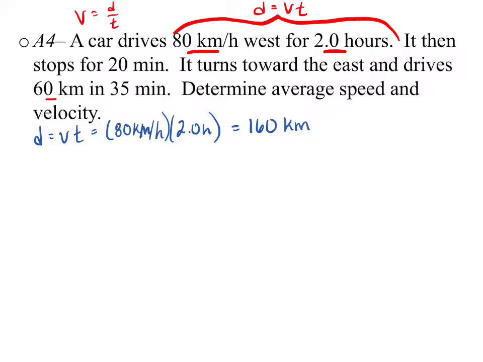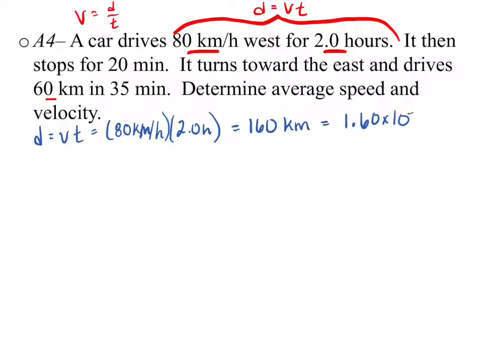And just because I am a bit of a stickler, we do want meters per second as much as possible. So I'm going to convert this to meters. I'm going to start converting everything to meters and start to think of things as that. So if I convert that to meters, I just need to multiply it by 1,000, and I get 1.60 times 10 to the 5 meters.